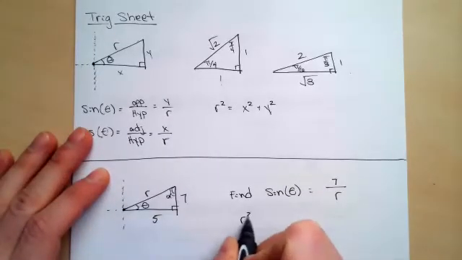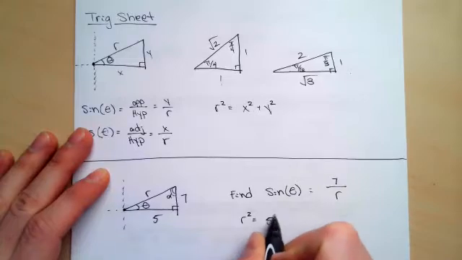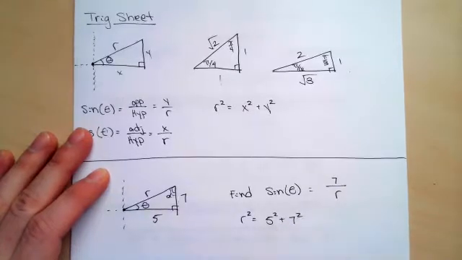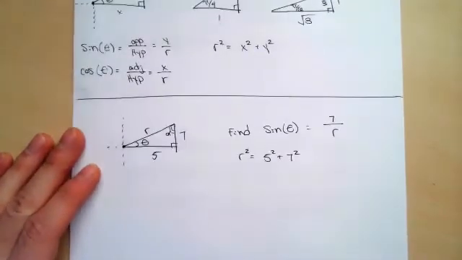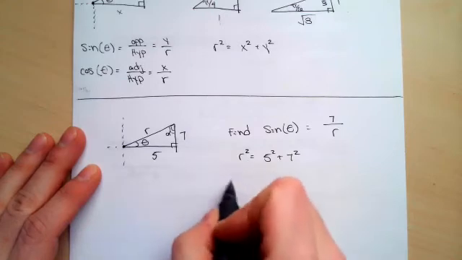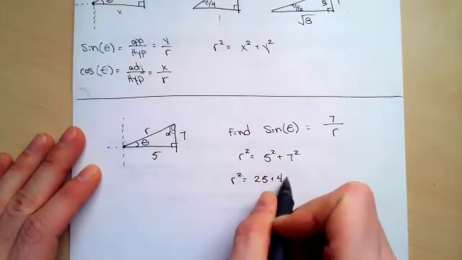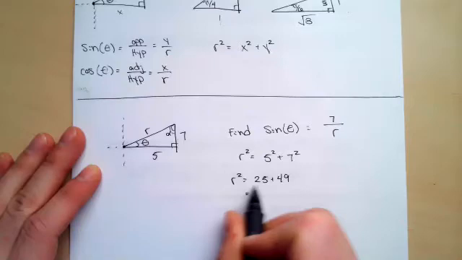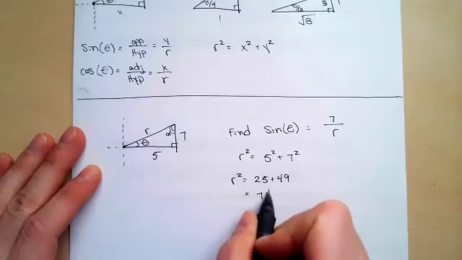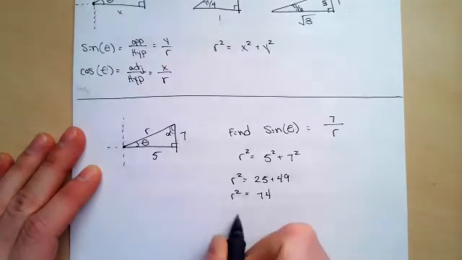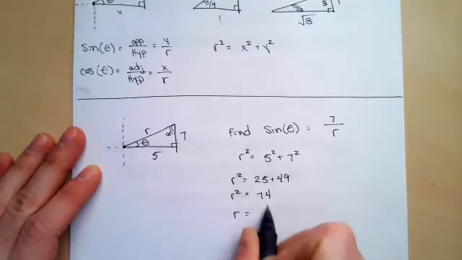I know that r squared should equal 5 squared plus 7 squared. And now we can solve for r. So r squared is 74, and now r is the square root of 74.